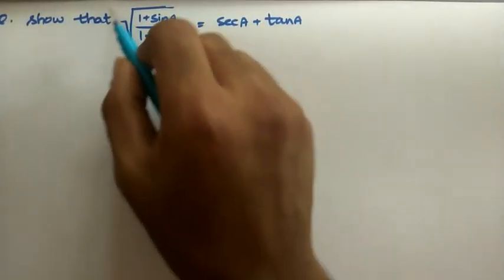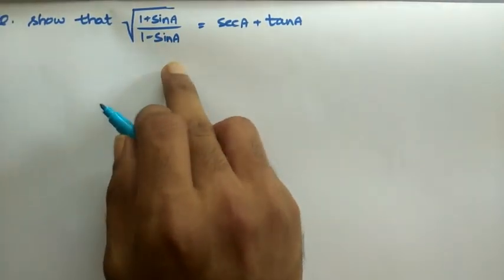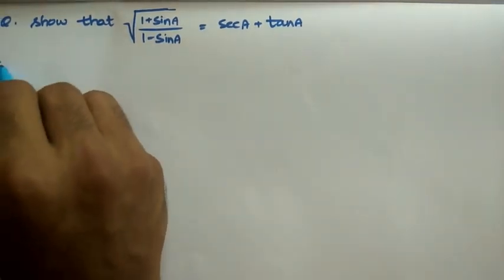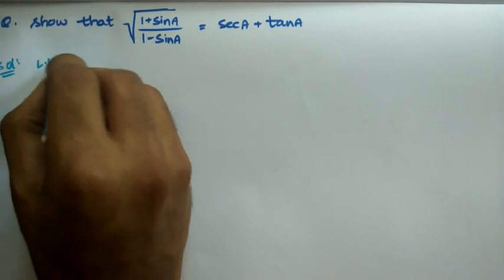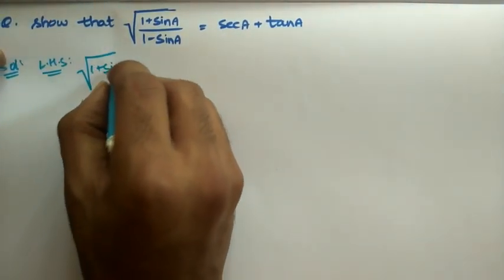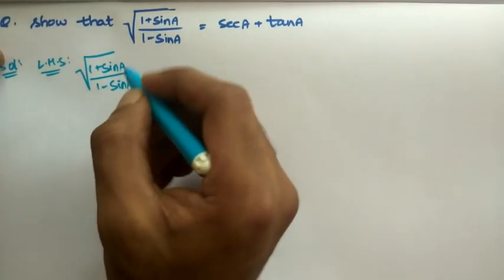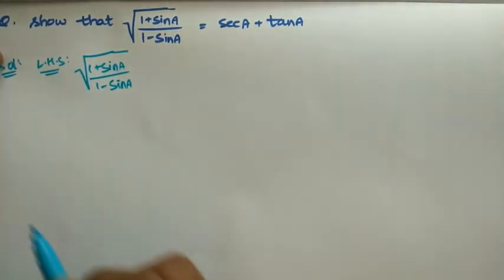We need to prove that root over 1 plus sin A by 1 minus sin A is equal to secant A plus tan A. Whenever they ask like this, we need to approach from the LHS. The LHS is root over 1 plus sin A by 1 minus sin A. Whenever a root is given, we need to rationalize the denominator.